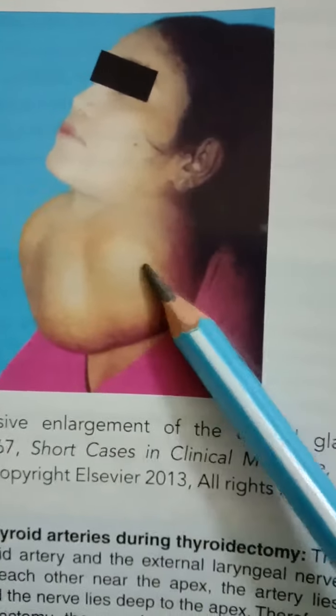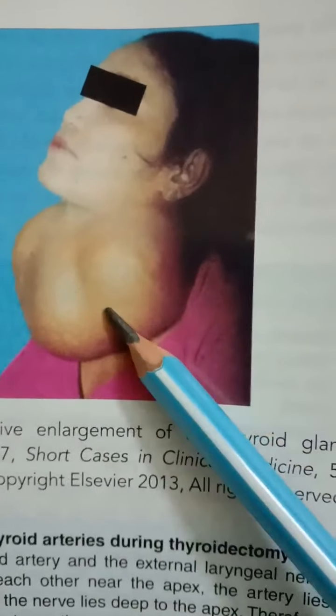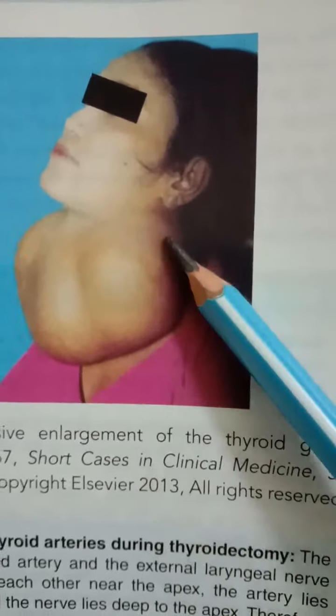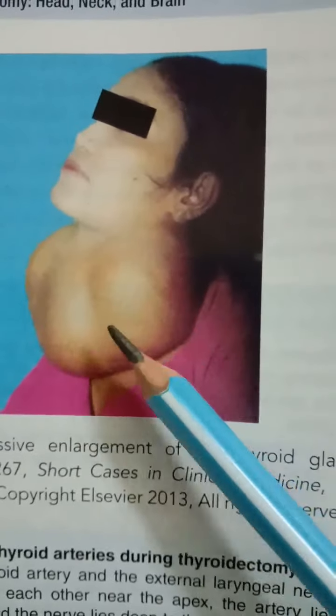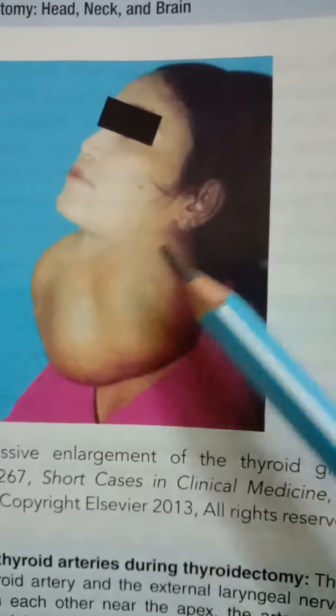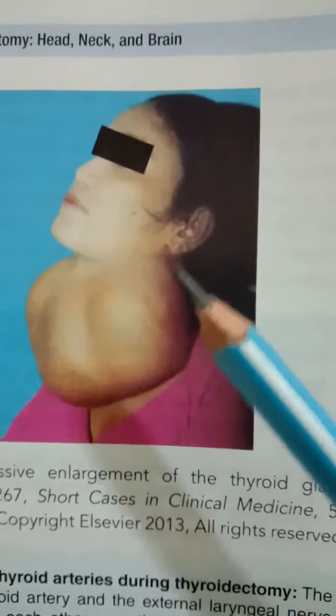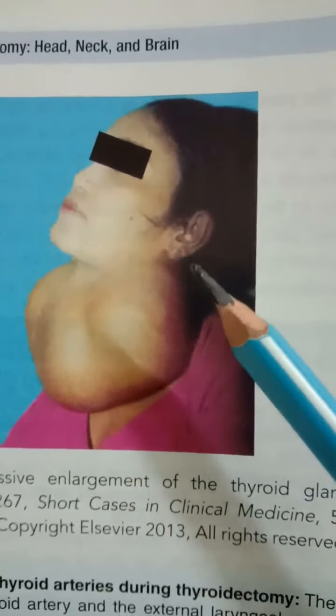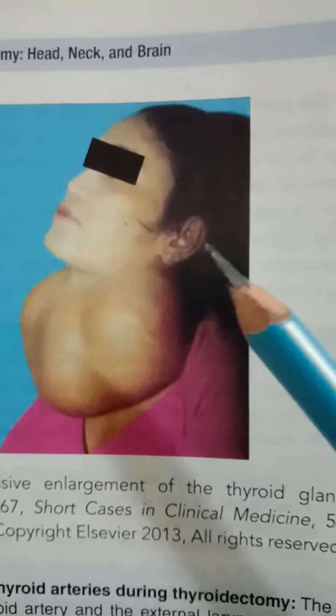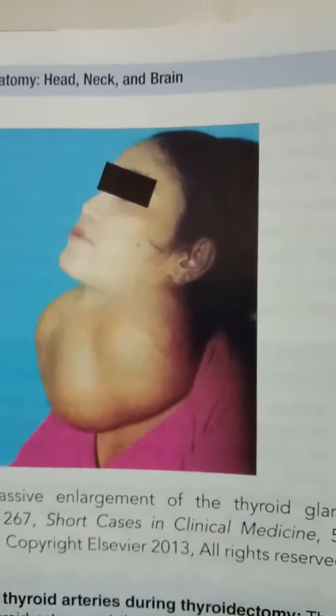A benign tumor of the gland may be displaced and even compress neighboring structures like the carotid sheath, the trachea, etc. A malignant growth tends to invade and erode the neighboring structures, so pressure symptoms and nerve involvement are common in carcinoma of the gland.